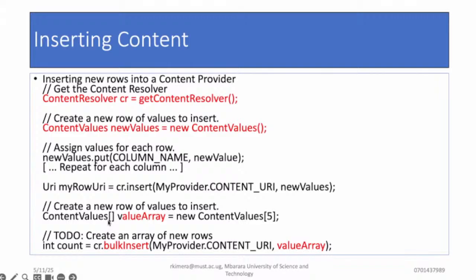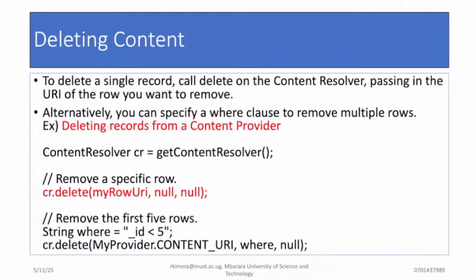And if you have an array of values, that is, if there is more than one value, then you can just use an array, as you can see here. And then the new rows here, we are using basically a bulk insert. That's why we are using an array. And so many columns here. So the array loops through and inserts our content automatically instead of one record at a time.